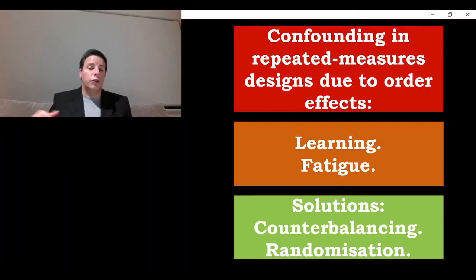A different version is randomization. That's when we have more than one item per condition. Let's say condition A is solving some reasoning problems with some distraction, and condition B is solving the same problems but without distraction.